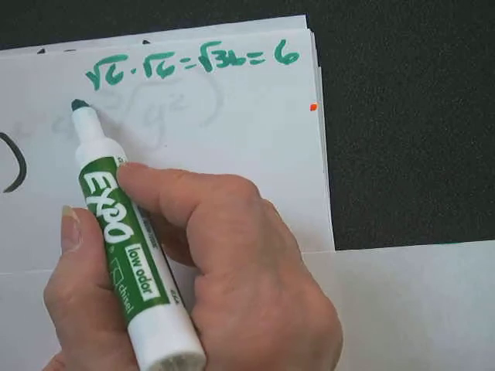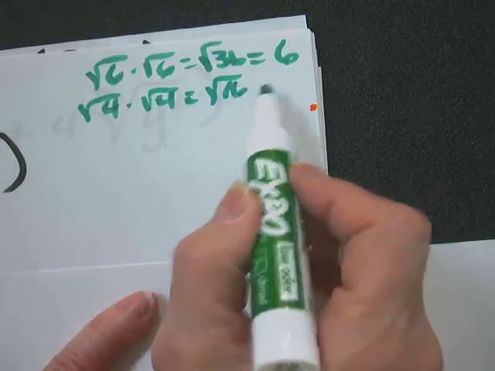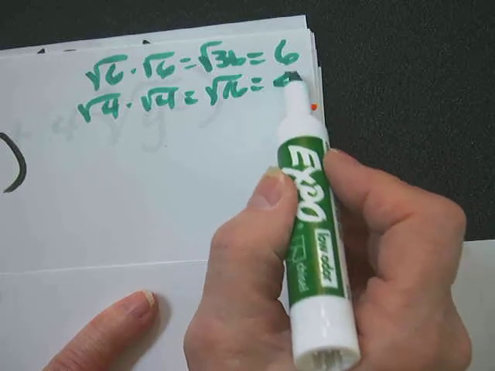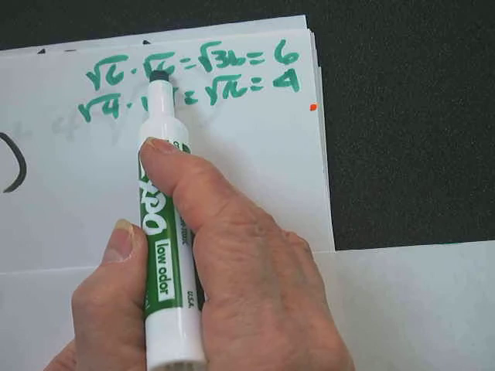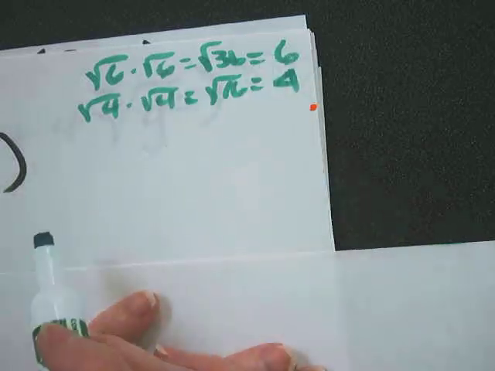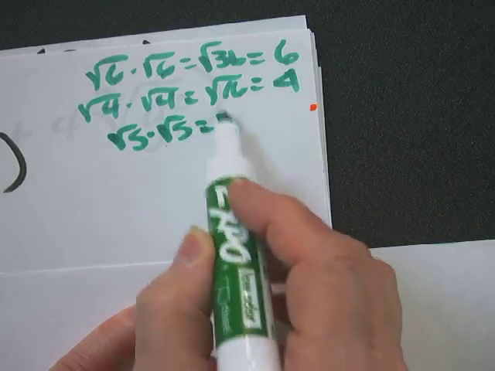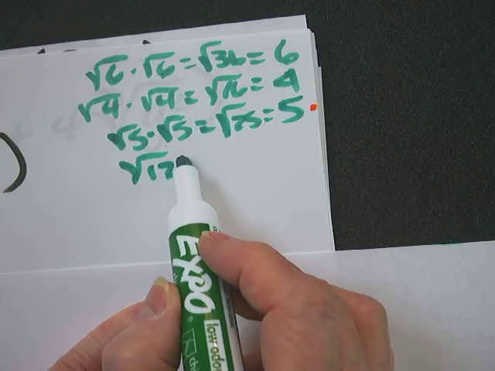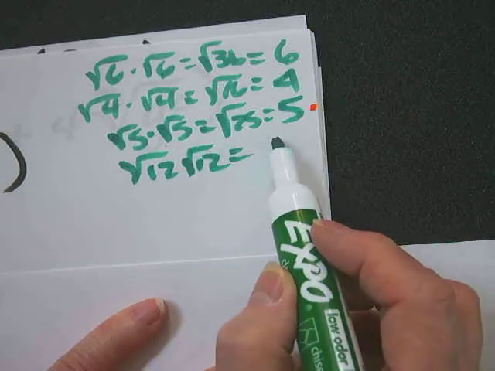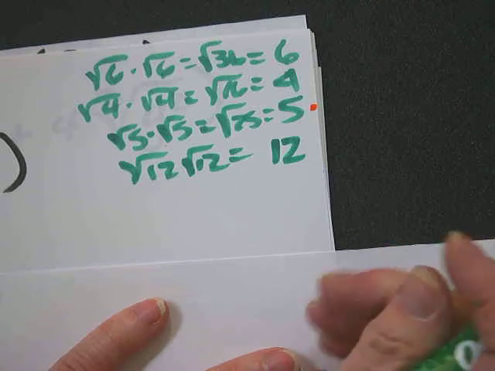First we need to establish something. Let's set this aside for a second. You don't have to write this down, I'm just going to show you something. What do you have when you have square root of 6 times square root of 6? It's square root of 36, which ends up being 6. Square root of 4 times square root of 4? Square root of 16, which is 4.